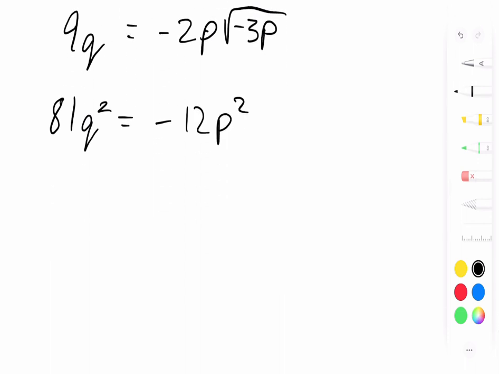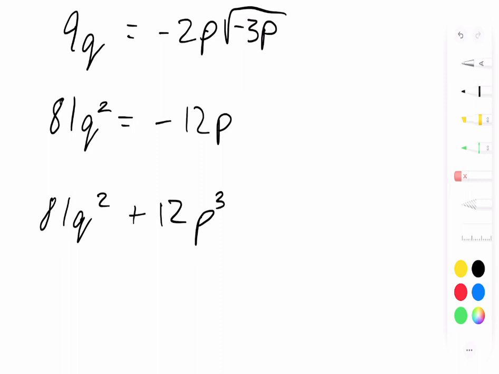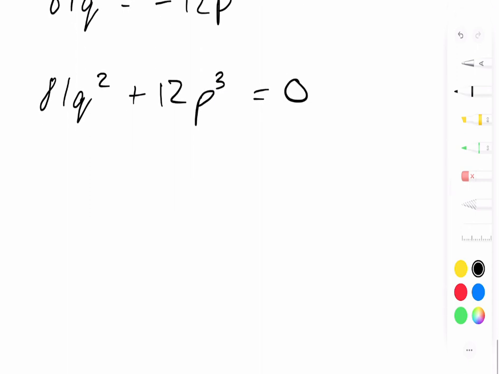Add 12p cubed to both sides, and that will give me 81q squared plus 12p cubed. We have this p, and this p was squared, so we have 2 and 1 added together to make 3 because of the laws of indices. And this expression will be equal to 0.